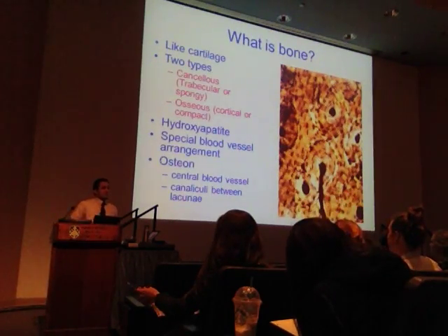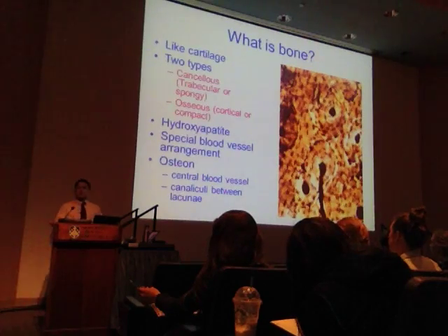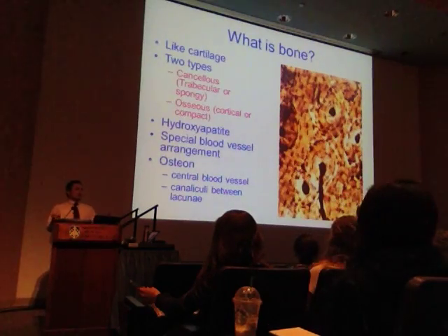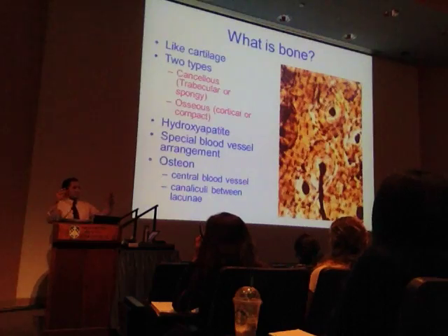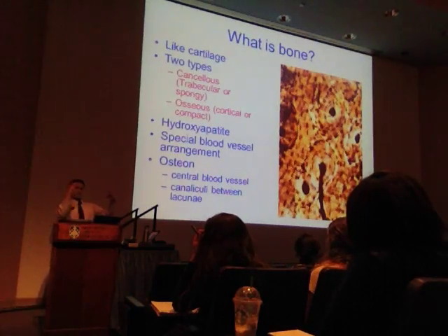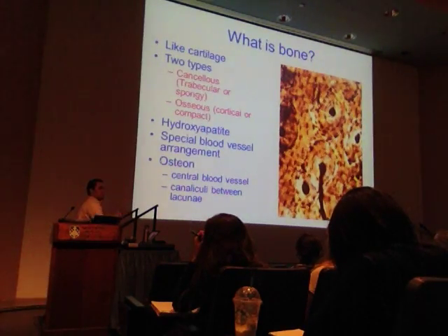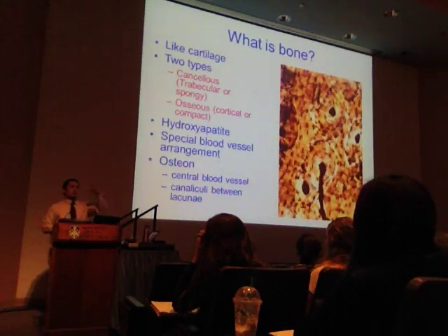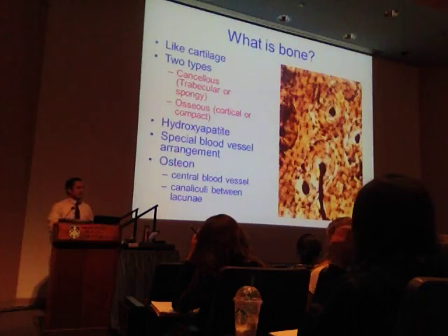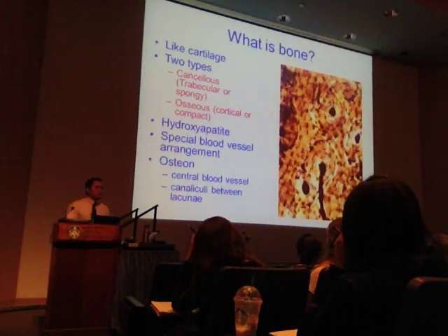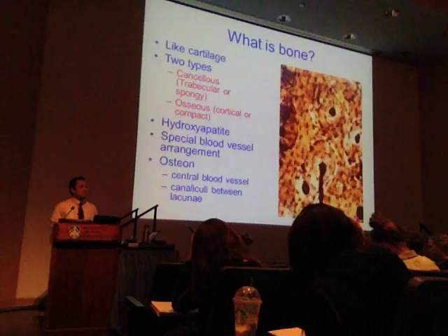And the secret here is it gets its name spongy because under microarchitecture it has all these open spaces. Okay? And the stuff that's bone that comes in between the open space are what we call trabeculae. That's why it's called trabeculated bone. Cancellous bone is a word that refers to the content of the bone.